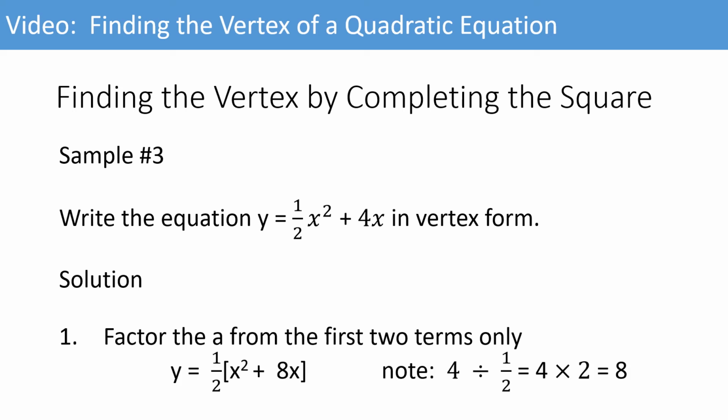So we will get 1/2 and we're left with x squared plus 8x. Now how did we get the 8x? Note that 4 divided by 1/2 becomes 4 times 2, which is 8. That is an important step to remember.